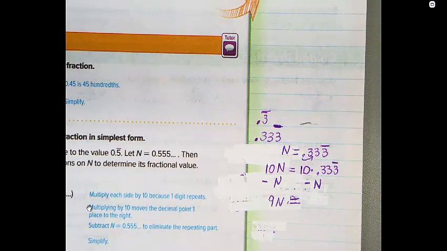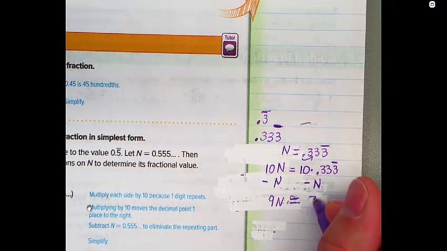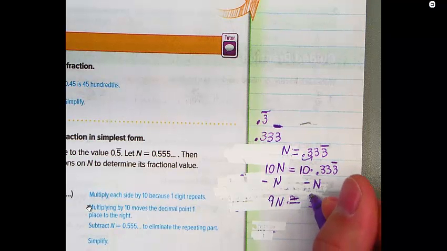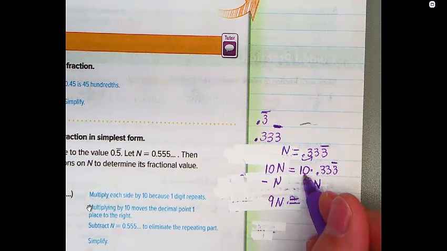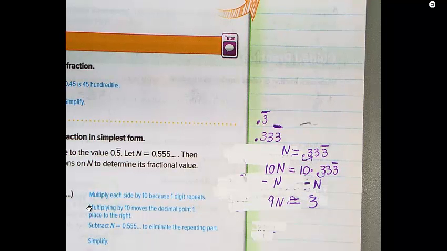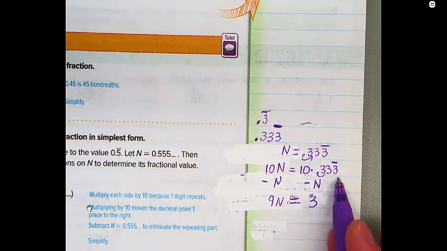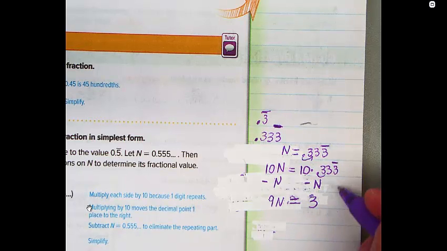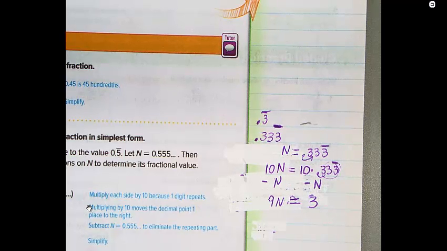So what I'm then left with is just my original 3, because the subtraction of this 1n takes away the repeating part. When I multiply by 10, remember that moves it over 1. So I basically have 3.33. I take away an n, all those repeating 3's right here all go away. So now I have 9n equals 3.